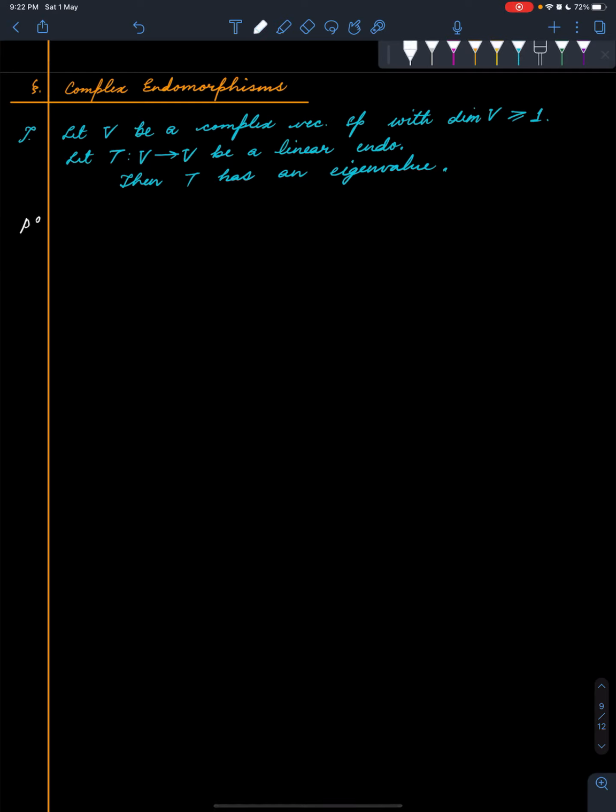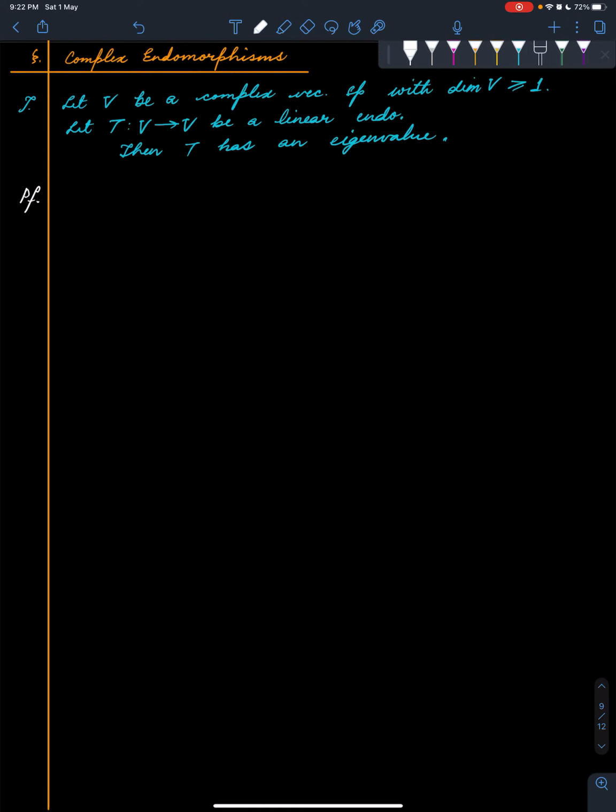Okay, and the proof is quite interesting. It's not an obvious kind of proof, but once we see it, it becomes natural. So we start with any non-zero vector. Let v in V be a non-zero vector.